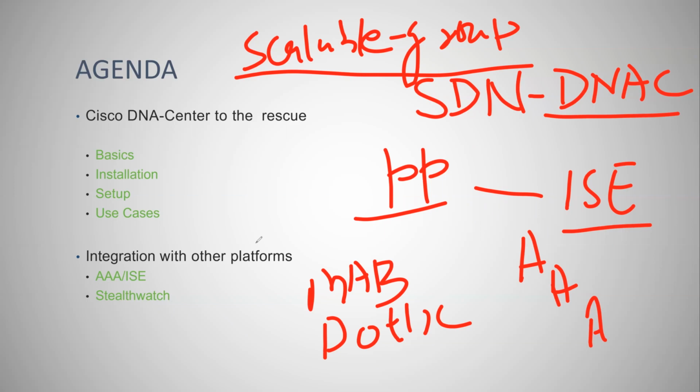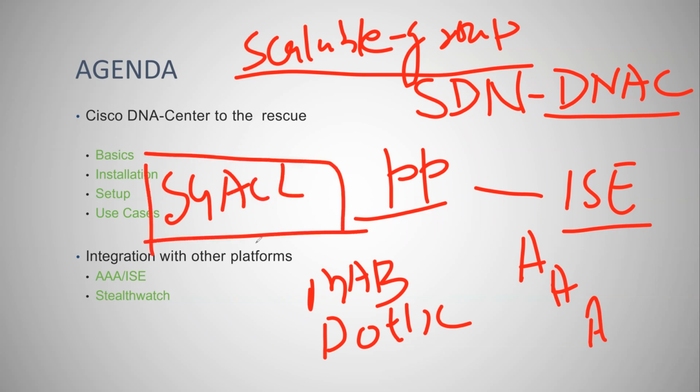Then we can create some sort of contract between them, so the traffic is permitted or denied between different groups. The term is called SG ACL, like an access list. SG ACL: security group access control list.